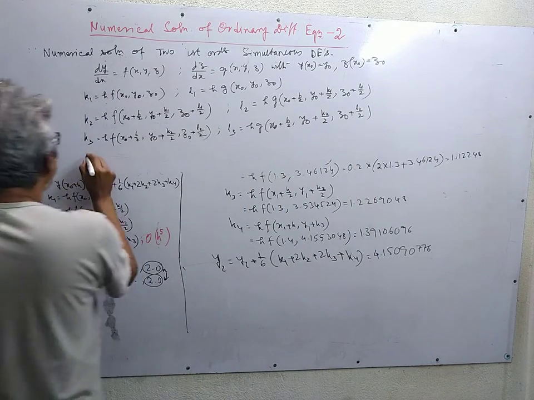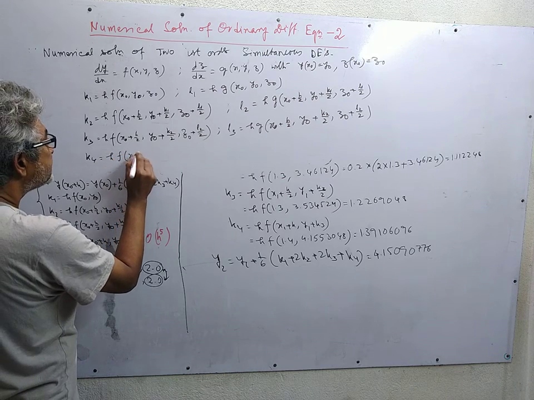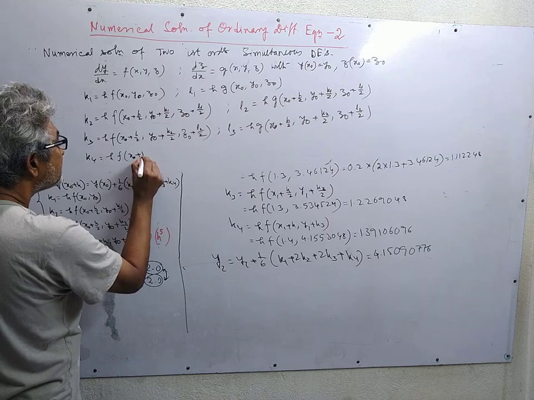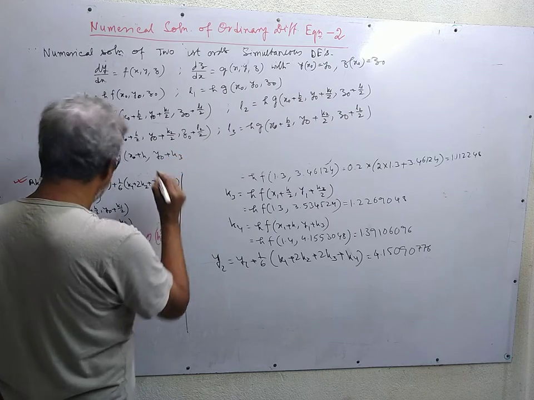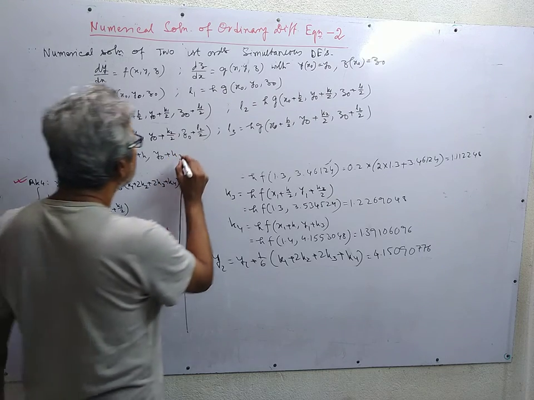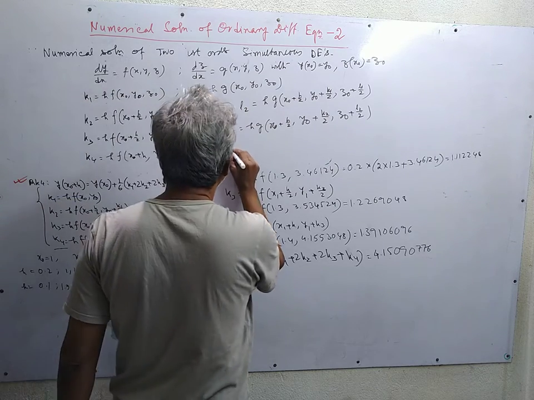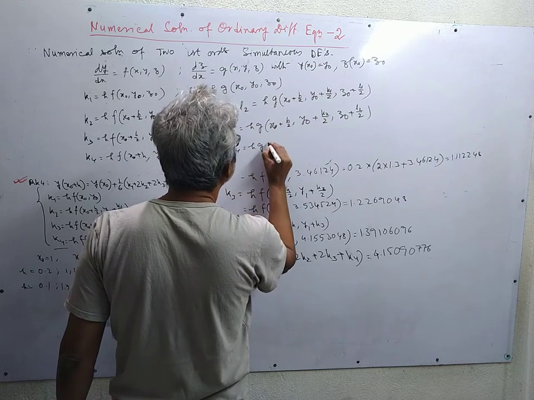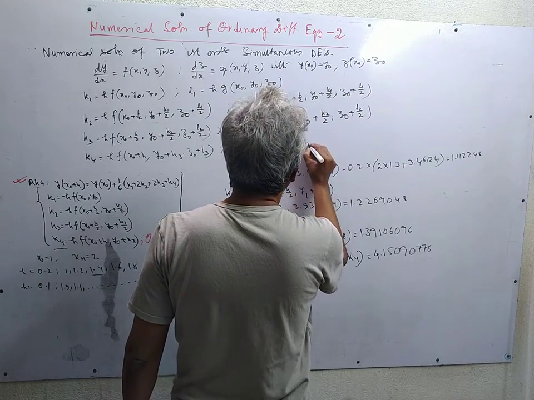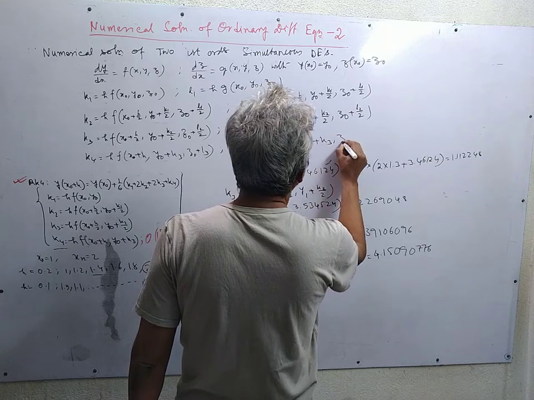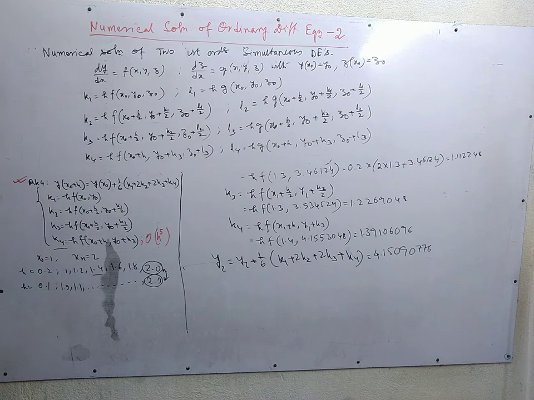And finally, we calculate K4, h f of x0 plus h, y0 plus k3, you remember this one, z0 plus L3, and L4 as h g of x0 plus h, y0 plus k3, z0 plus L3. So this is the method.